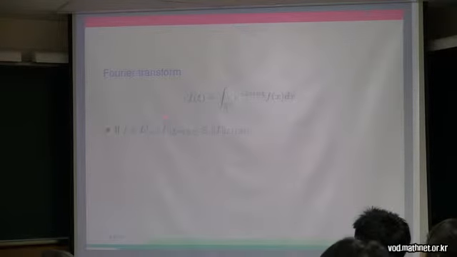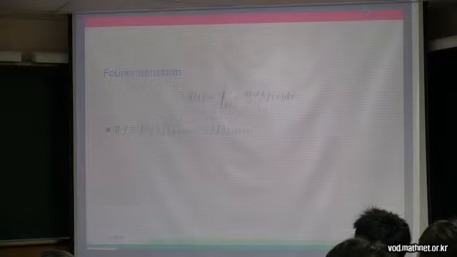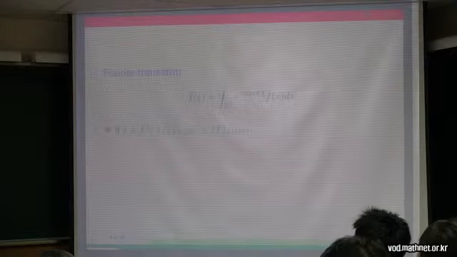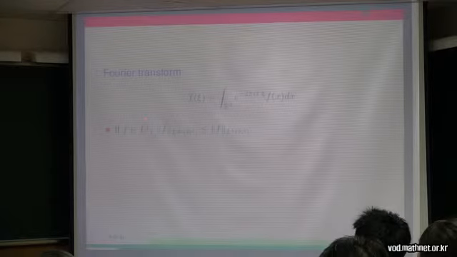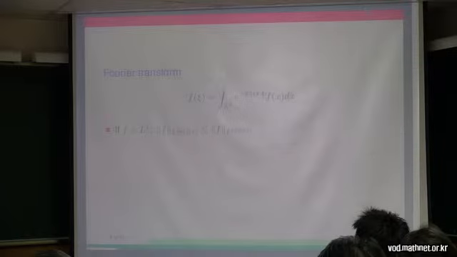Here are the basic properties of the Fourier transform. If f is in L1, then the Fourier transform of f is a continuous function vanishing at infinity. So it is easy to see this L1 to L infinity estimate.